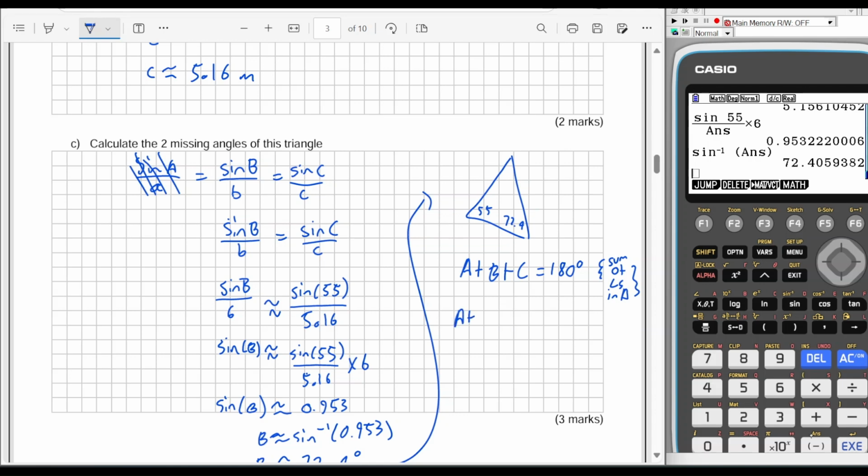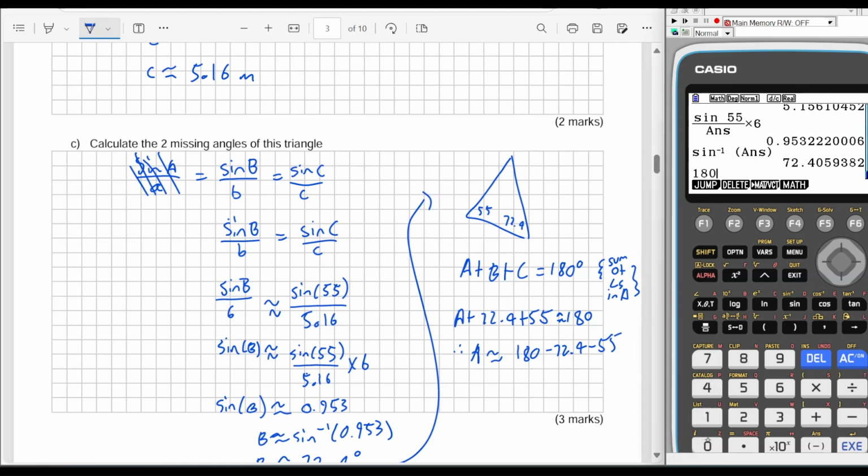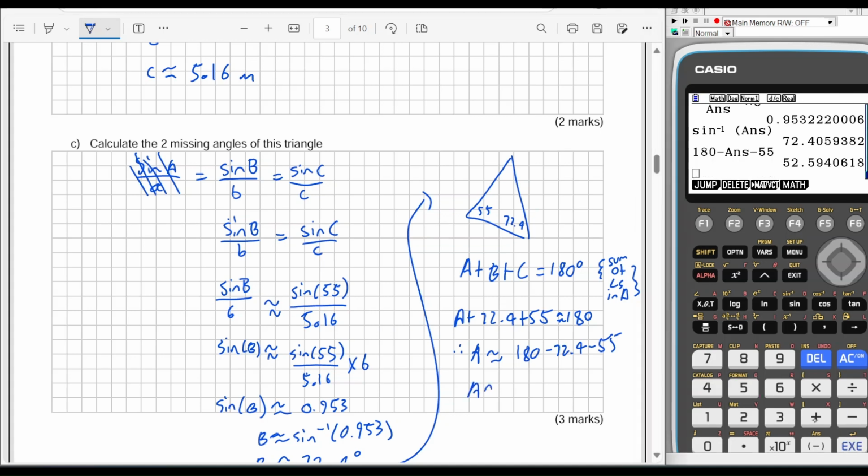So that's A plus 72.4 plus 55 equals 180, or approximate because that was about 72.4. So A would have to be 180 take 72.4 take 55. And if I go 180 take shift answer take 55, that should give me 52.6. A is about 52.6 degrees.